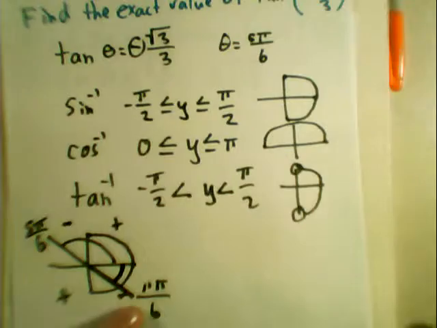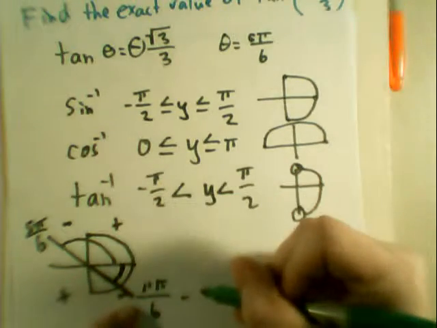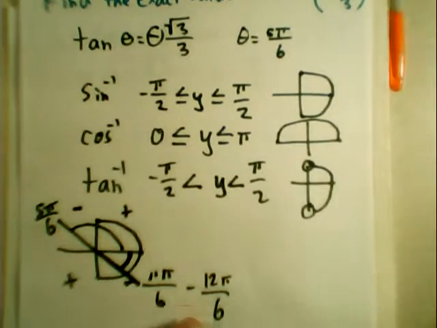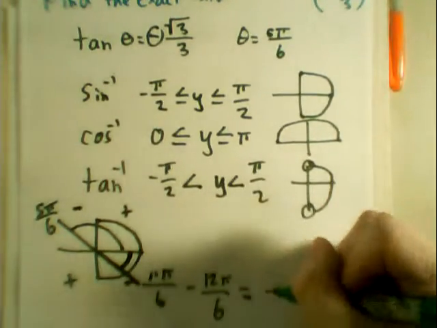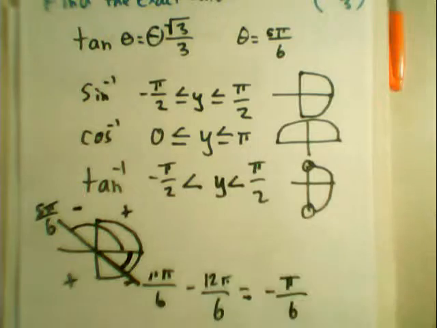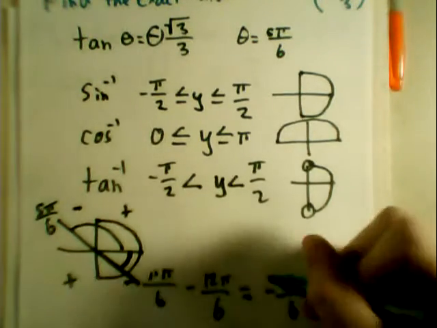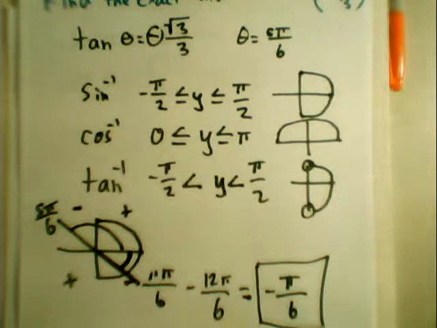So what we can do is subtract 2 pi from that, and we'll get negative pi over 6, which is in the restricted interval. So this is our answer for the tan inverse of negative square root 3 over 3.